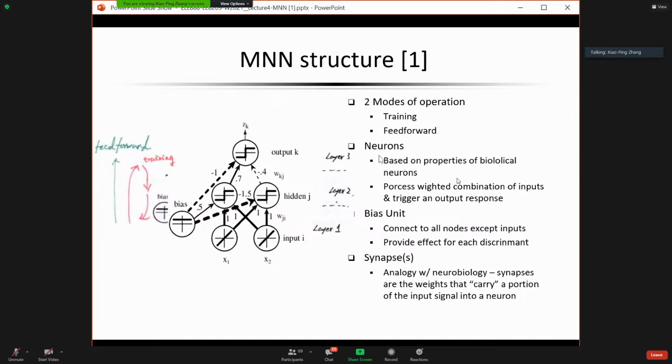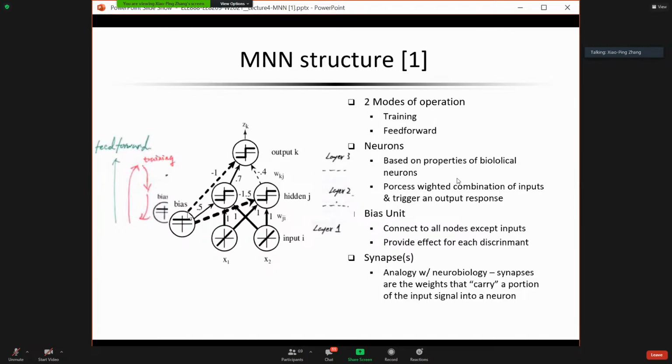And then the basic element is called a neuron. Each circle here is a neuron. The input, if you have to call it, you can call it a linear neuron. It's basically a weighted combination. The neuron is mainly two parts: one is the linear part, the linear combination of the input of that neuron, and the second part is the activation.